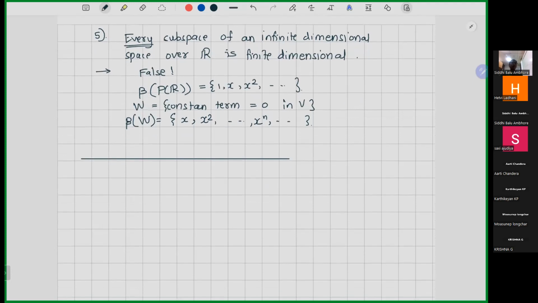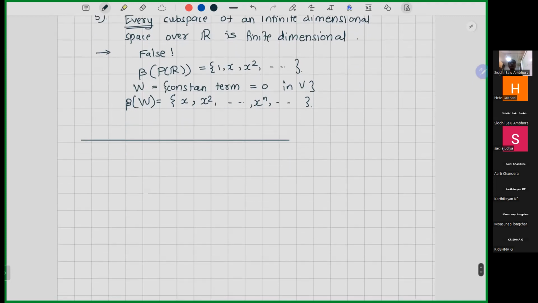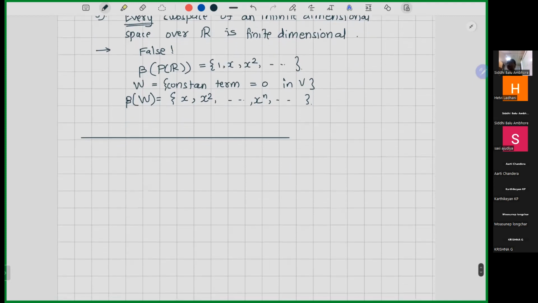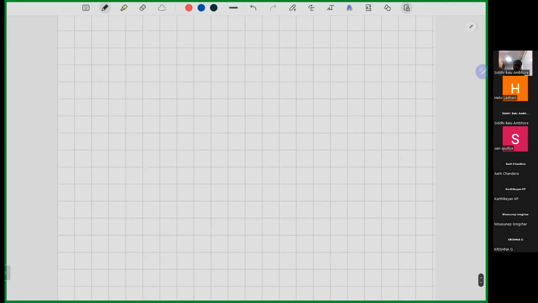So this need not be true, and we can have finite or infinite dimensional vector subspaces for the infinite dimensional vector spaces. Any doubt here? If not, then we will move to this next question.